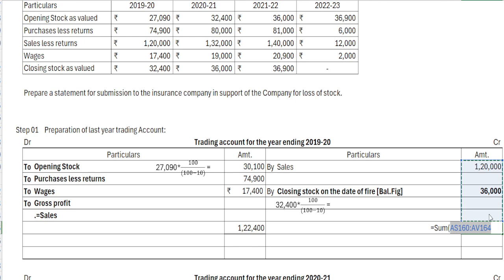Let's close the accounts. Memorandum trading account for the year ended 2019 and 2020. The balancing figure will be the gross profit.